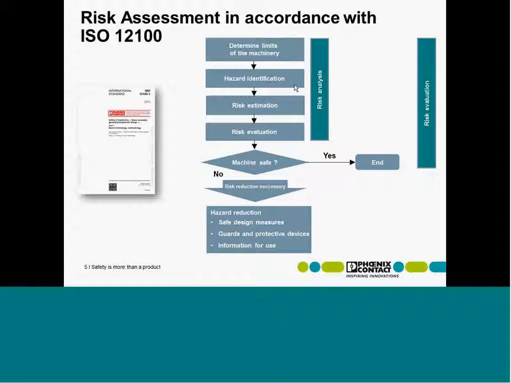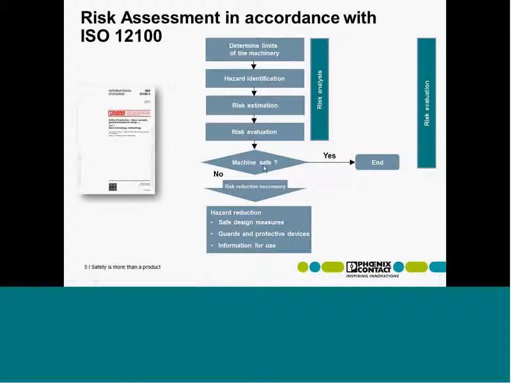As you have identified each hazard, you have to estimate and evaluate the related risk for this hazard. And the whole complete procedure is defined as risk analysis, as you see it here. We have covered all these 4 steps. You have to come to the decision: is the machine now safe enough, or do I need to do something for risk reduction? If you have decided yes, the machine is safe enough, you can stop the evaluation procedure.